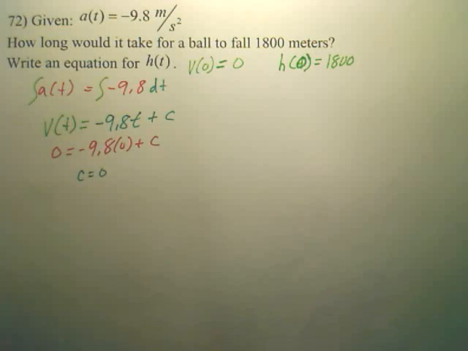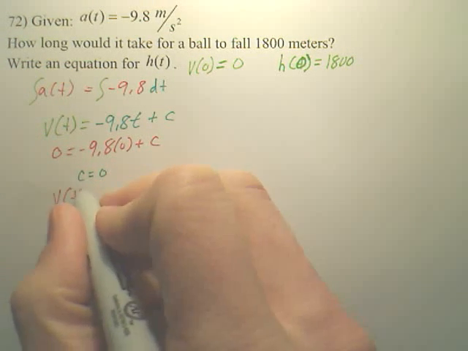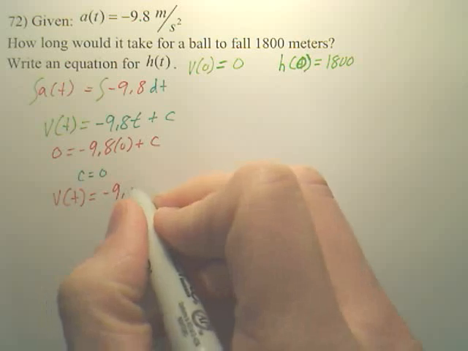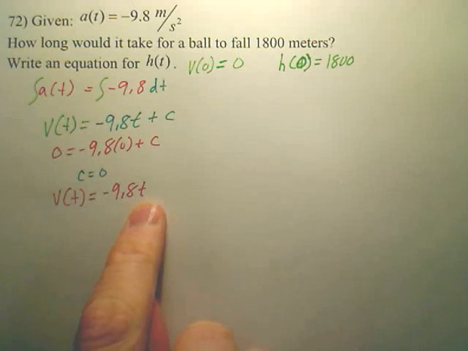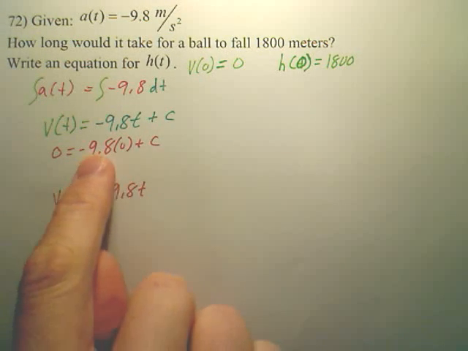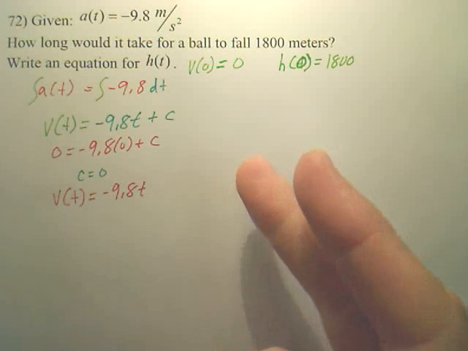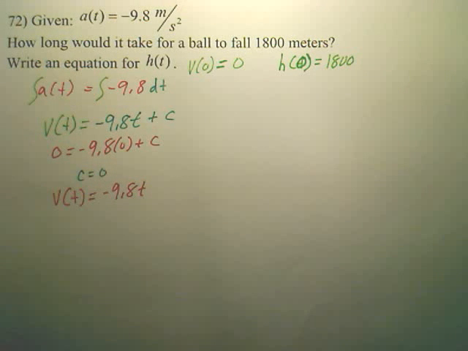So what that means now is v of t is equal to negative 9.8 t for this particular equation. Because c is 0, this is your velocity for this particular equation. It's negative 9.8 t plus 0. Now can I integrate this?